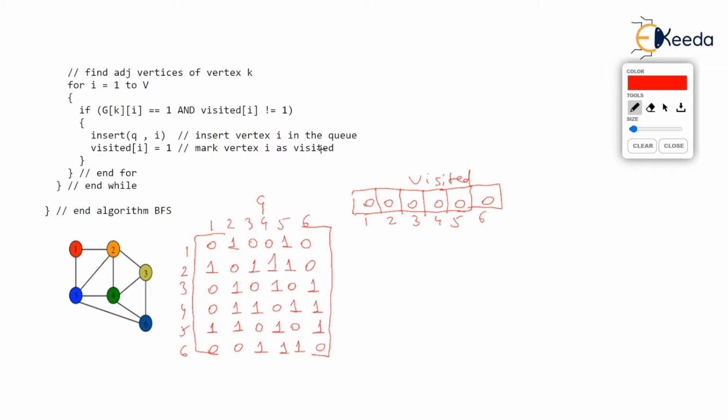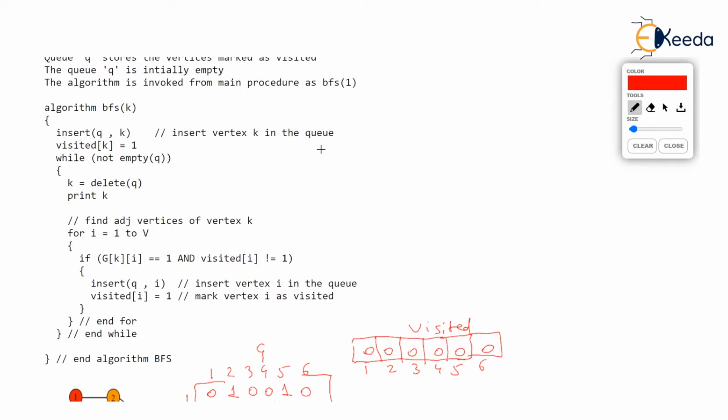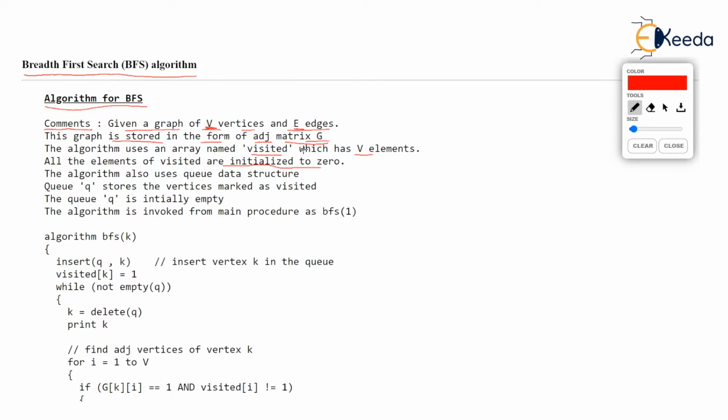Okay, what else do we have? The other thing in the comment here is that the algorithm also uses a queue data structure, a first in first out, FIFO, data structure. The queue stores the vertices which are marked as visited, and the queue is initially empty.